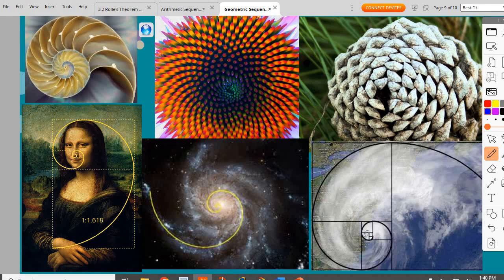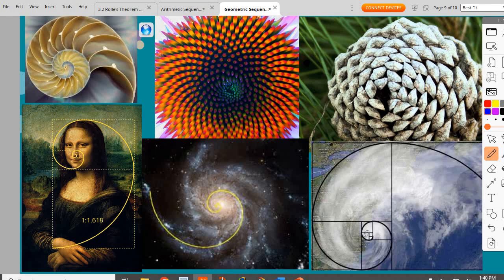So this one on the upper left-hand corner is a nautilus shell. You also see it in the bottoms of pine cones and in sunflowers. Notice that they all start with a center, and then they spiral out and get larger and larger.